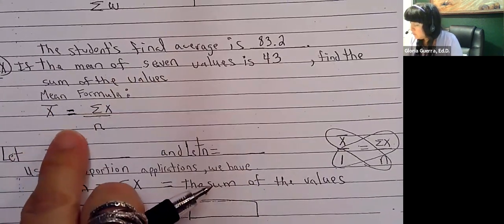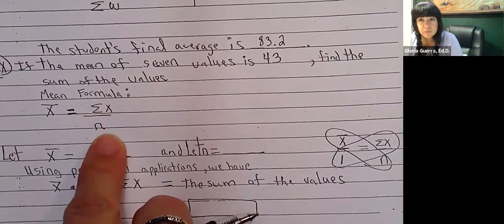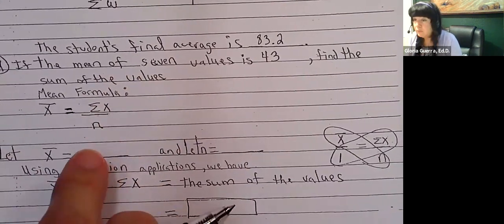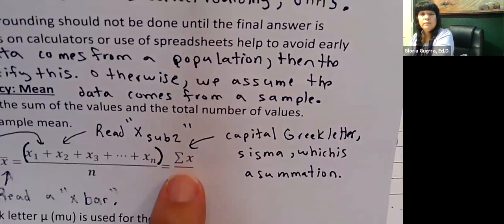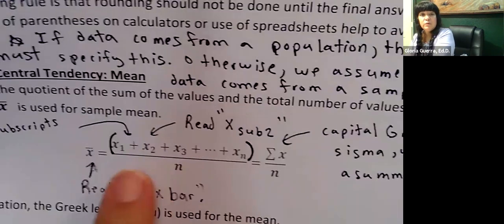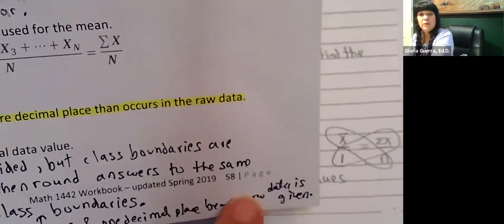X bar is equal to summation of x divided by n. That was one of our first formulas back when we started 3.1. I think I can show you that. Let me see if I have that here. Yes, that's this one here. When we first started 3.1, that was back on page 58.